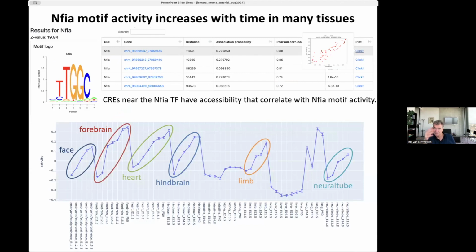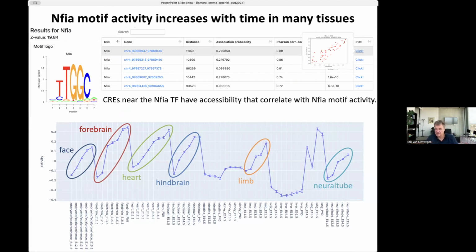Another example, just to give you an idea about the variation that you see in how active these motifs are in different places. This motif NFI seems to be active in almost every tissue, and its activity is going up with time in all these tissues, right?